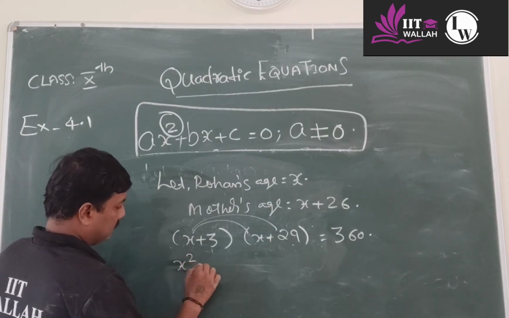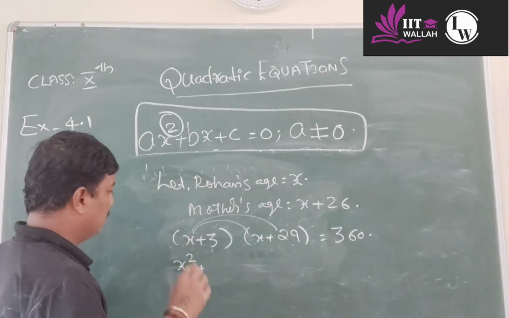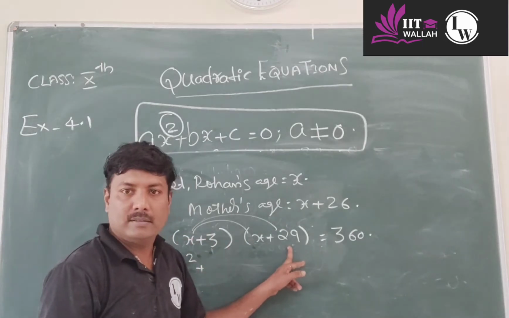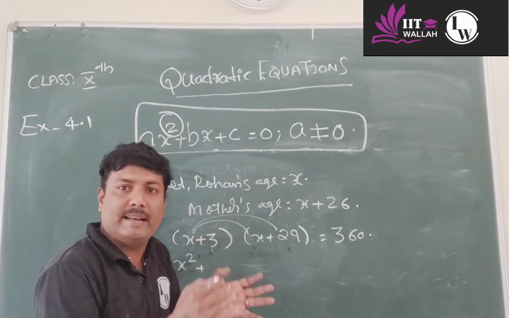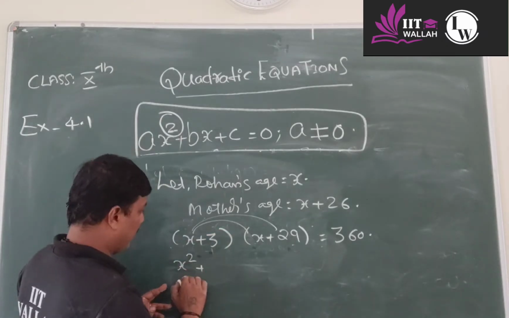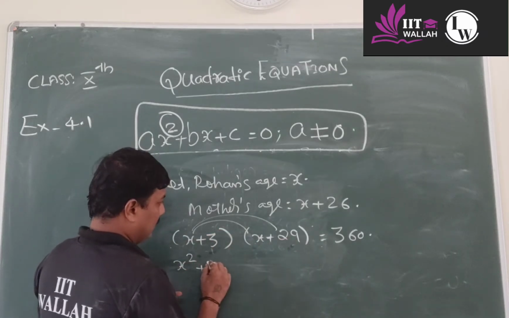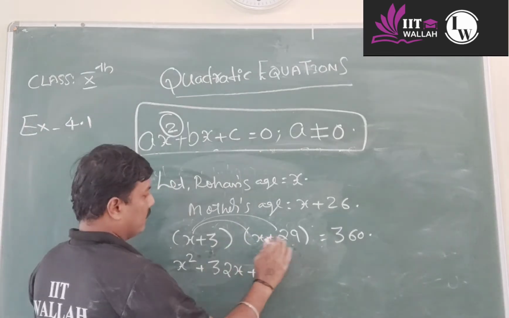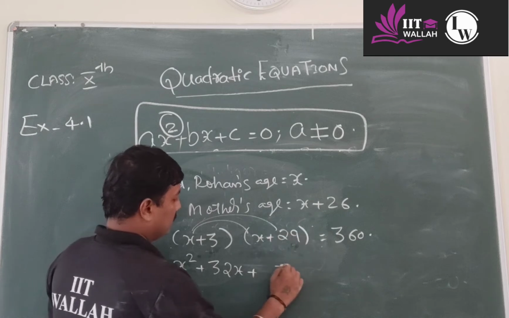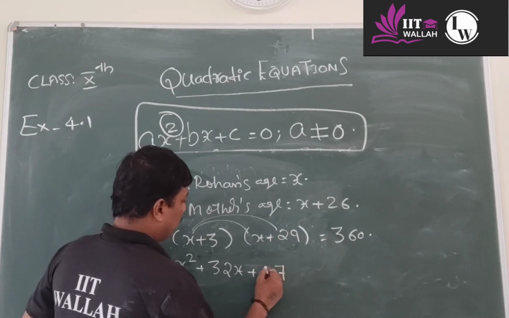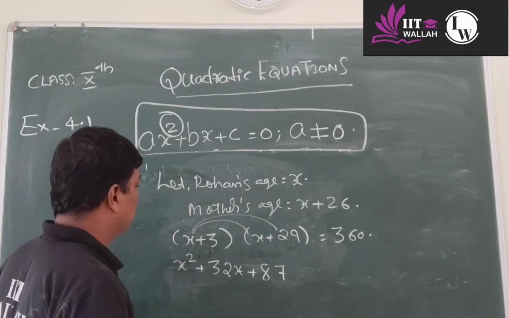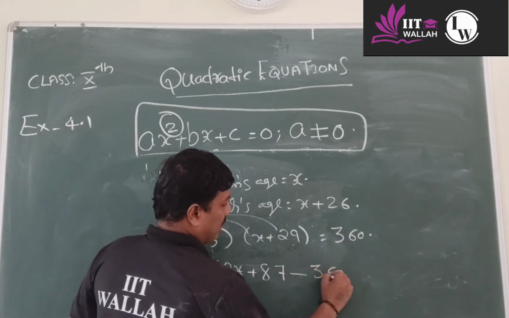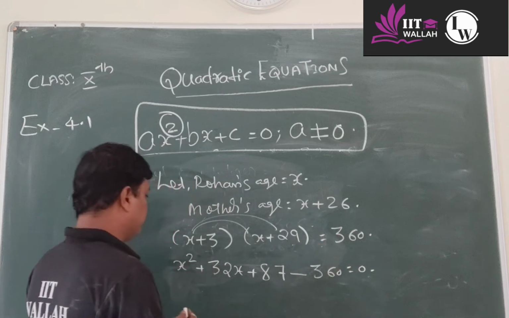This is in the form of x plus a into x plus b. That means x square plus a plus b into x plus ab. So x square plus 32x plus ab. That means 29 into 3, 87. So this you write here, minus 360 is equal to 0.